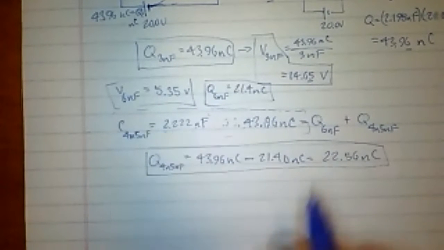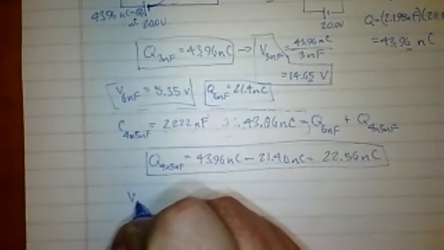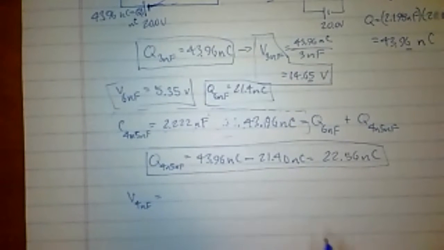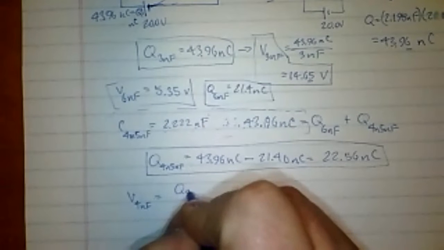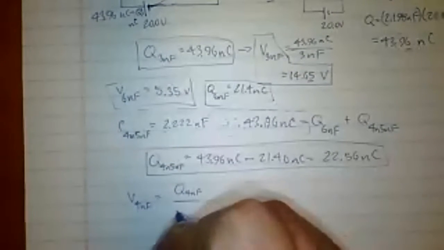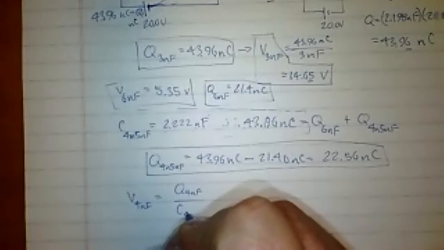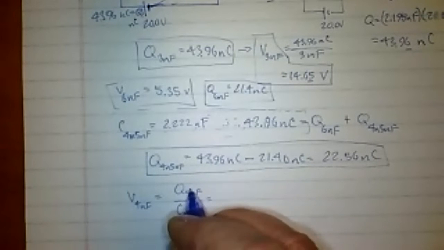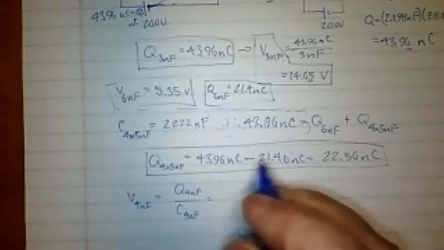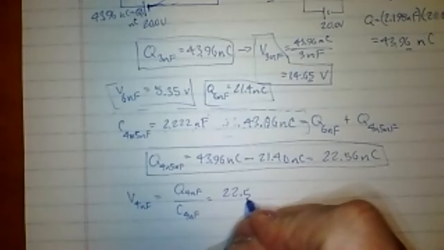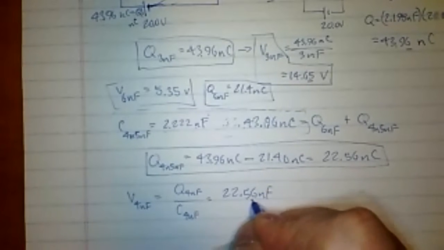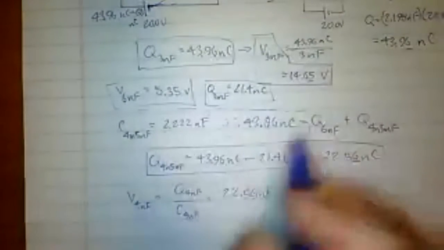So let's check that. So V for the 4 nanofarad would equal Q for the 4 nanofarad over C for the 4 nanofarad. Well, Q, we know is supposed to be this 22.56. Again, that's one extra sig fig that I'm carrying in there.